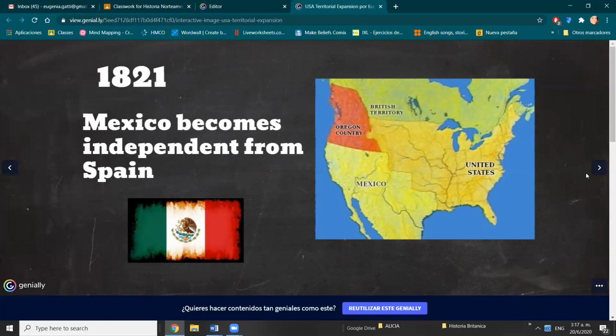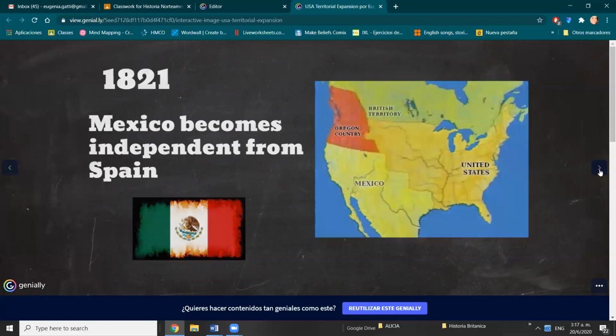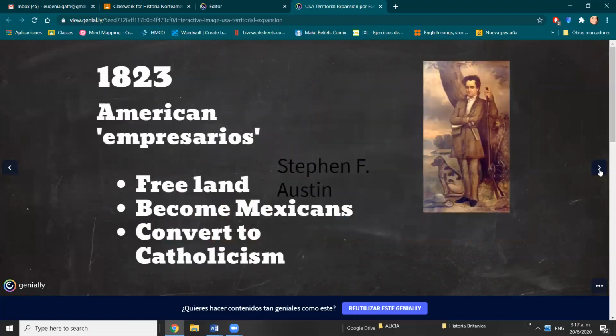So in order to attract settlers to its northern provinces, Mexico established a policy of fostering investment. So it's an actual invitation, right, for foreigners to come and settle in the province of Texas.